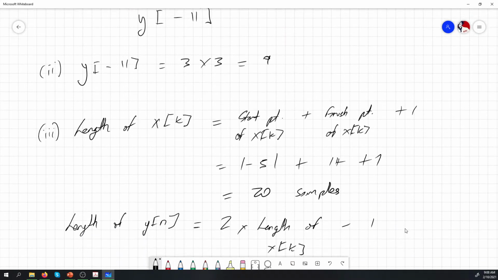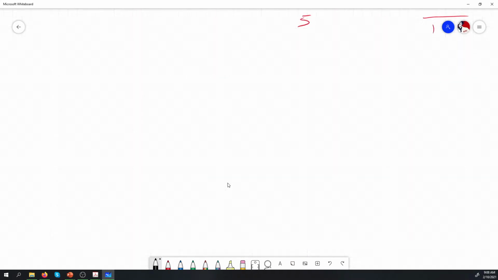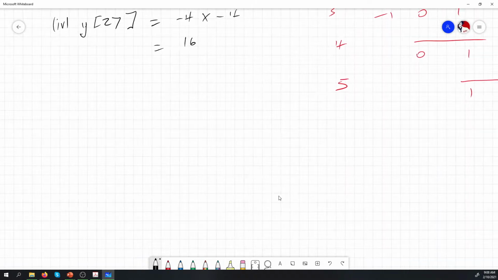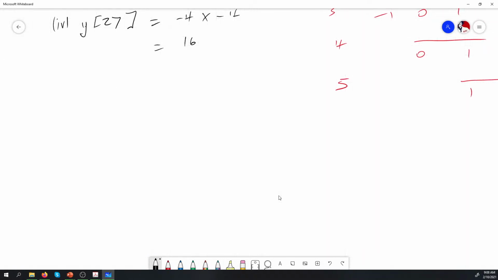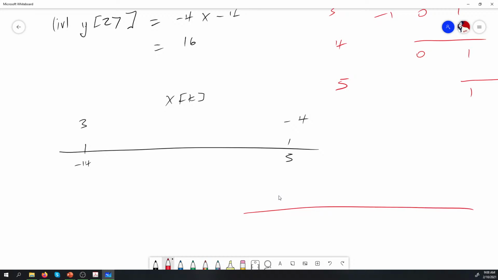Illustrating this, I'm going to have to draw it to show what I mean. If we had our x of k signal here, at -14 and 5, here was 3, here was -4, and then I draw x of minus k, the one that slides across the entire signal.